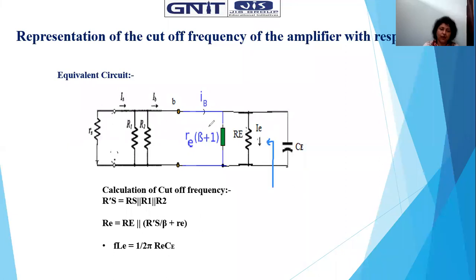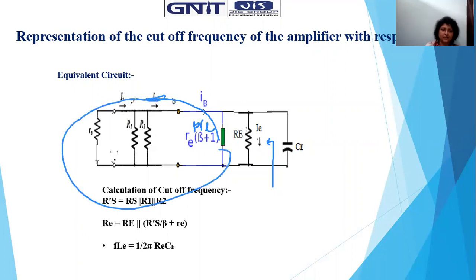So what we have in this network, let's see. VS will be shorted because its internal impedance is 0. Then RS, then we have R1 parallel R2, then we have this resistance beta RE, neglecting part 1. And then we have capital RE resistance, through which current I is flowing.